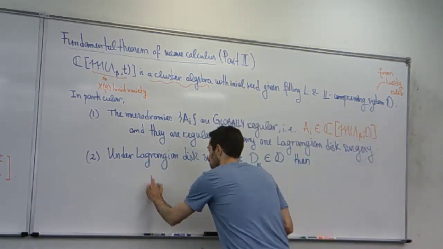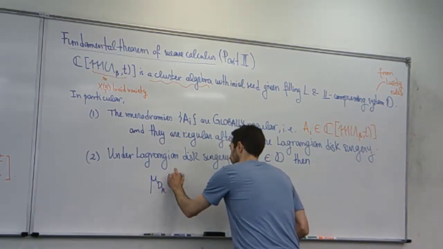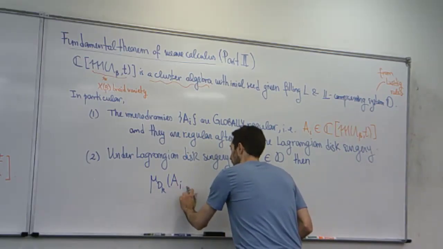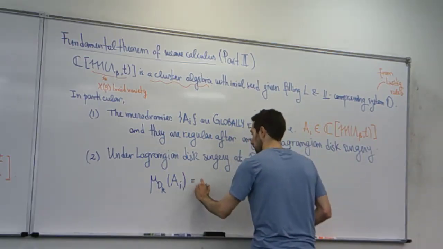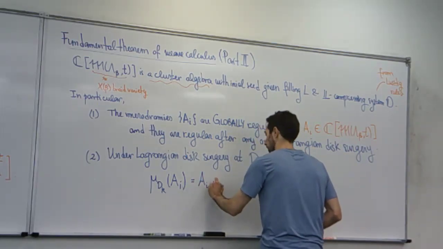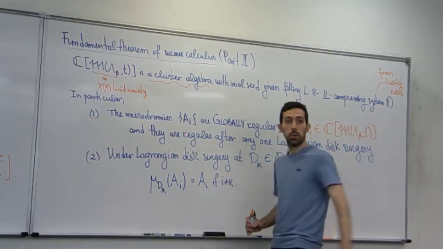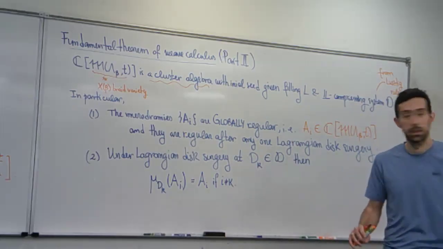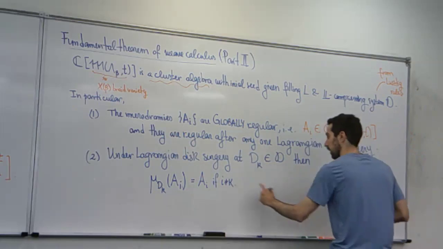The new variables mu_{D_k}, A_i, that variable does not change, stays exactly the same if i is different from k. So what I'm saying is all the monodromies stay exactly the same except for one guy. And the one that changes is exactly the monodromy associated to the disk you're compressing.